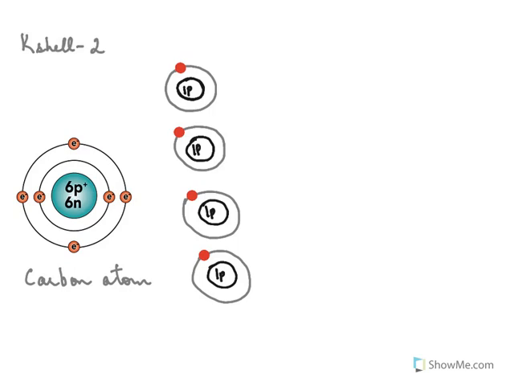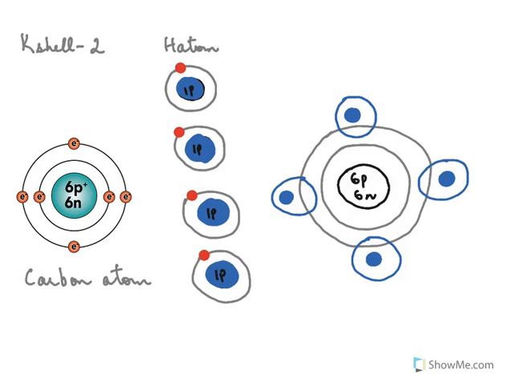So each hydrogen atom requires just 1 electron to be stable. Each of these hydrogen atoms will share 1 electron with carbon: 1 electron from hydrogen, 1 electron of carbon, and so on. Now the carbon has 8 electrons in the outermost orbit, while each hydrogen has 2 electrons in the outermost orbit.